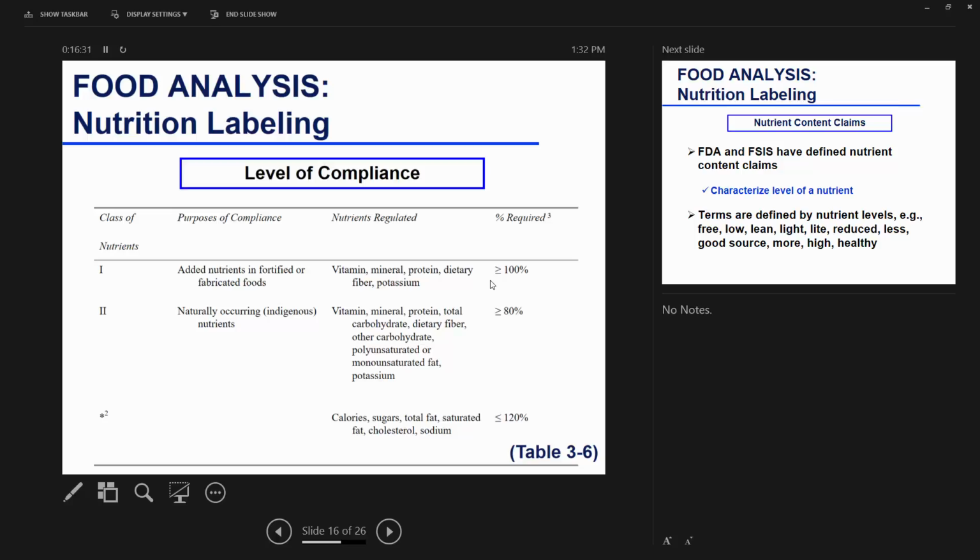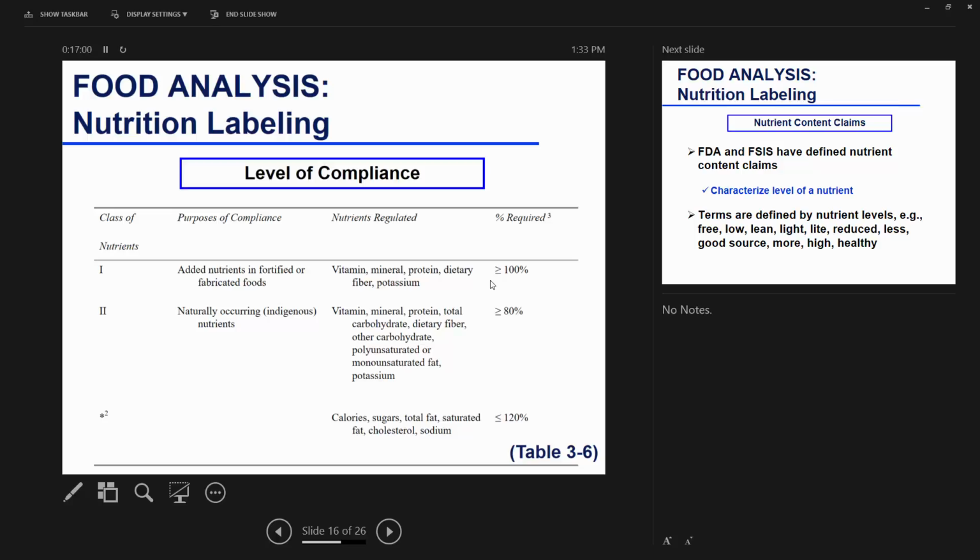So level of compliance, this is also important. This is a really important table to know these values. If you're claiming that you added a nutrient to your product, like vitamin C added to juice, or vitamin D, or calcium added to juice, you really have to have at least 100% of what you claim. If you have less than 100% of what you claim, you're not in compliance.